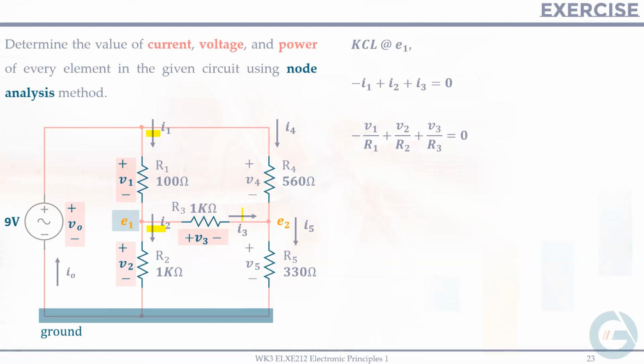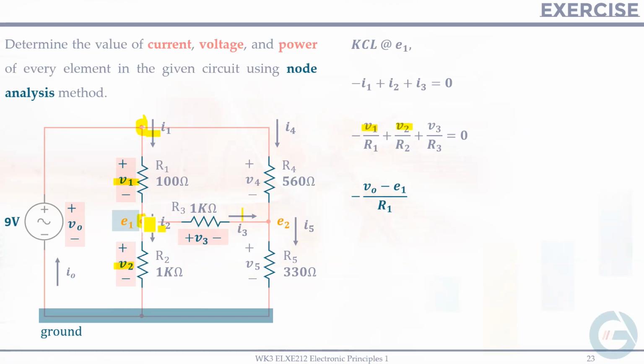Okay, next is the node voltage concept. So V1 is the difference between the terminals, V0 minus E1, over R1. So that is the current I1. Next is V2. This one.